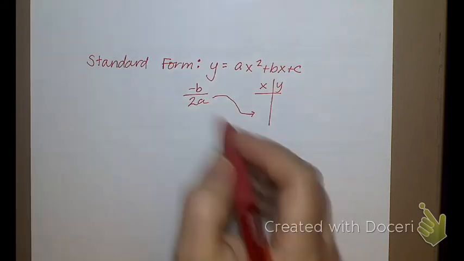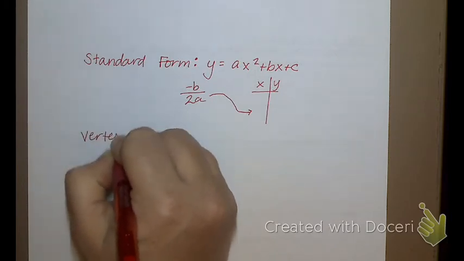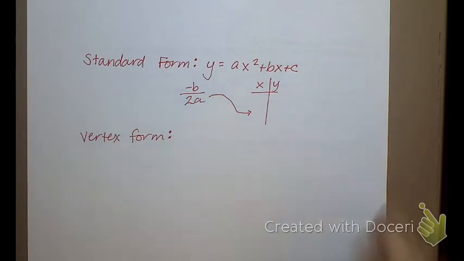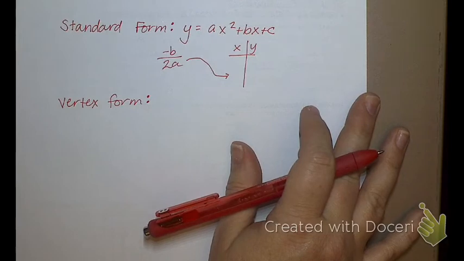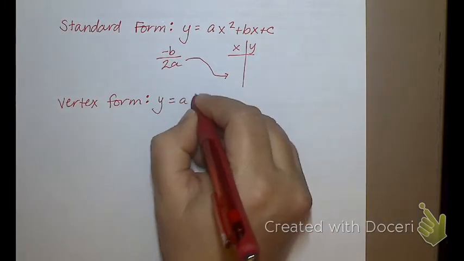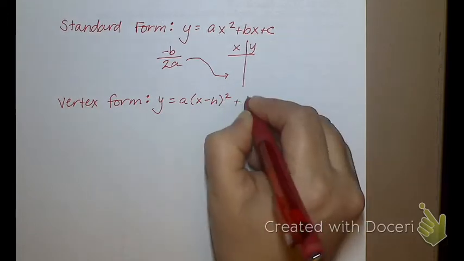All right. Next one we did is called Vertex Form. And it's called Vertex Form because it's really easy to get your intercepts, right? No, it's called Vertex Form because it gives you the vertex. A times x minus h squared plus k.